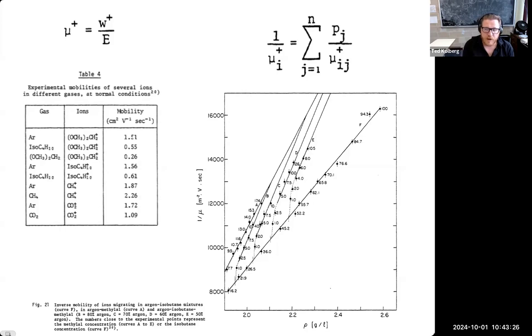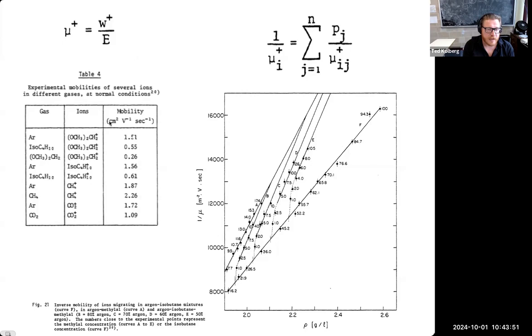So we define this quantity called the mobility, which is written here as mu. The mobility tells us the ratio of the drift velocity to the electric field. And that allows us to easily compute the drift velocity for positive ions in the gas under a given pressure and electric field.